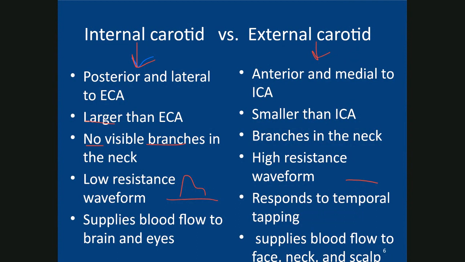So it has that sharp peak, rapid deceleration, a dicrotic notch, and then it comes back up like that. Again, the peaks and the notch are characteristic of a higher resistant waveform. And a response is something we call the temporal tap, which on the next slide I'll show you what that means. And it supplies blood to the face, neck, and scalp.